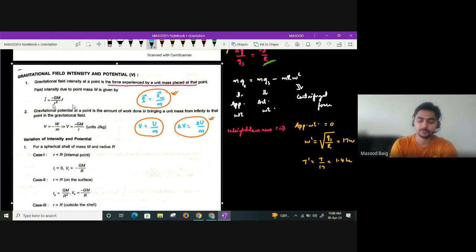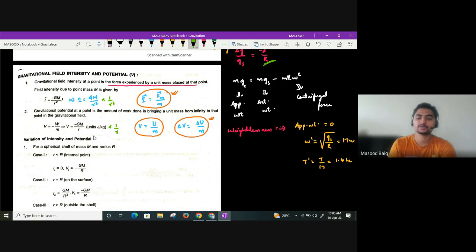Again, it is in vector form, but if I take only the magnitude, for point mass I'll get it as GM divided by r square. As you can see, for point mass, field will vary as inversely proportional to r square. And if we talk about potential, for a point mass, it is given as minus GM by r. Potential will be varying as inversely proportional to distance from the point mass, guys.